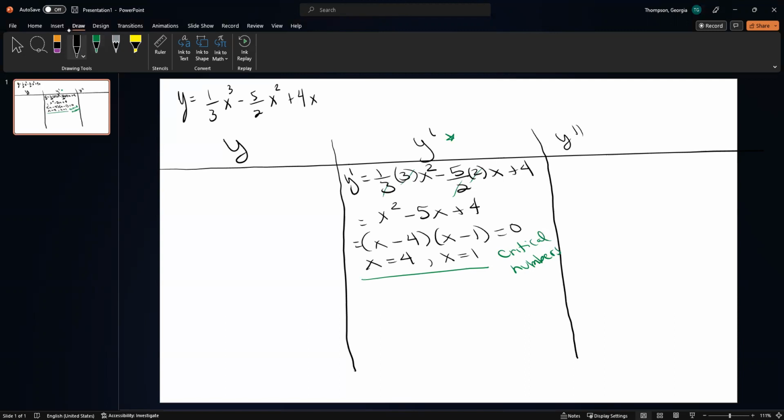So now a lot of questions want critical points, so they also want the y. So I'm going to come over here and work in the original equation over on this side. I'm going to plug in my x equals 1 here, which was this critical number. So everywhere I see an x, I'm going to put in a 1.